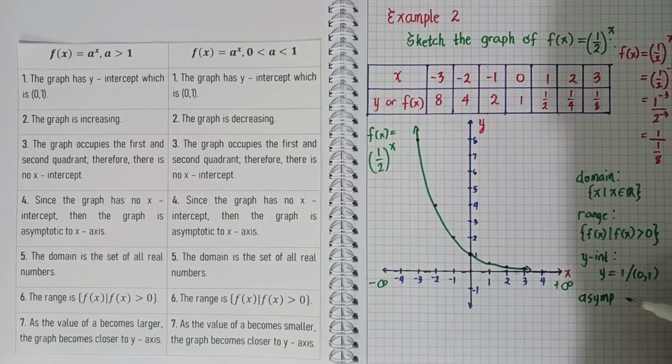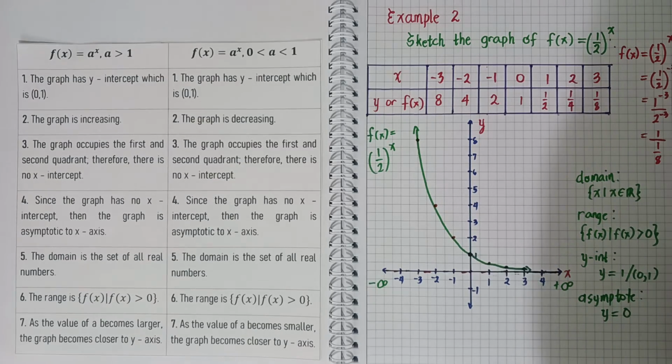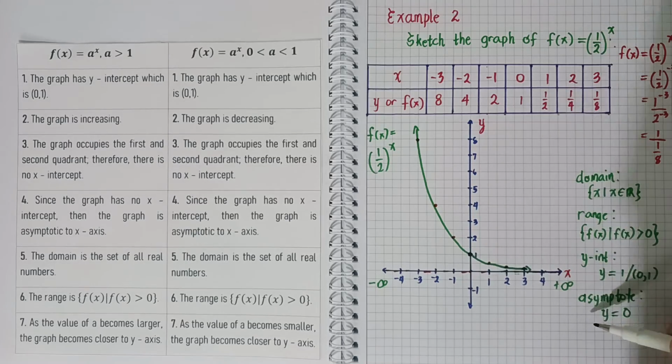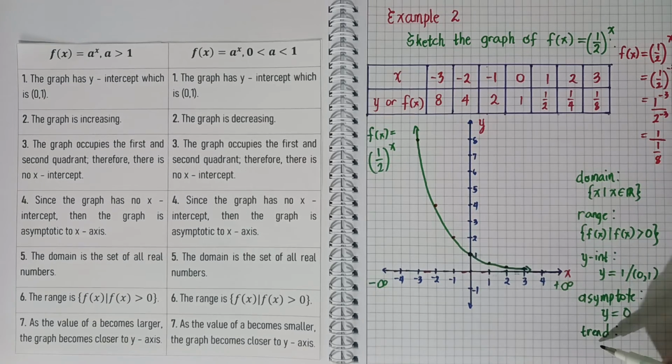Ang asymptote natin dito, guys, ay y equals 0 din. And then, last, yung trend natin, guys. Ano yung trend natin dito? Kung mapapansin natin. Decreasing. Very good. Pababa.